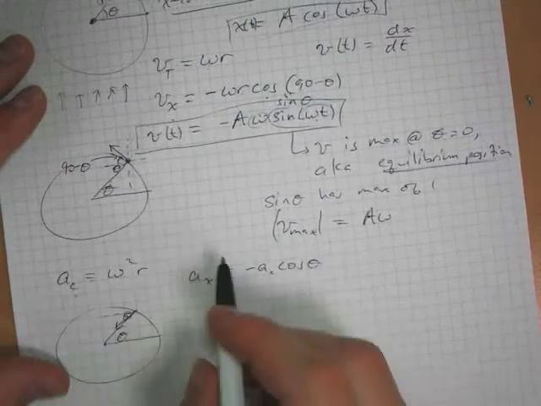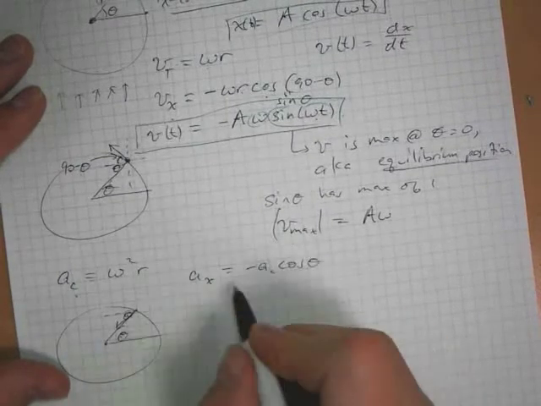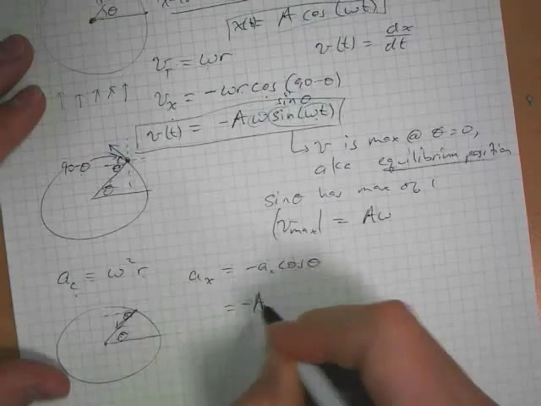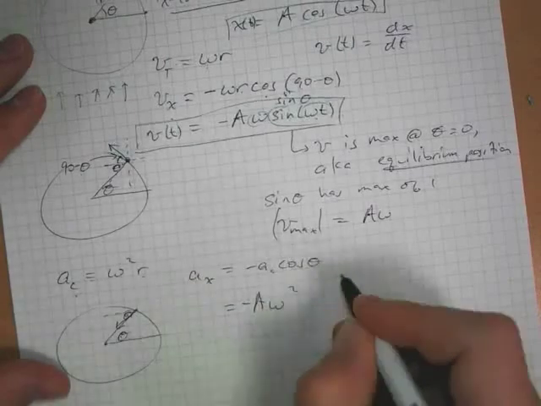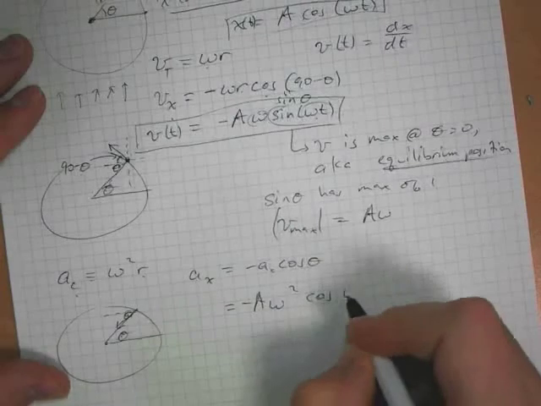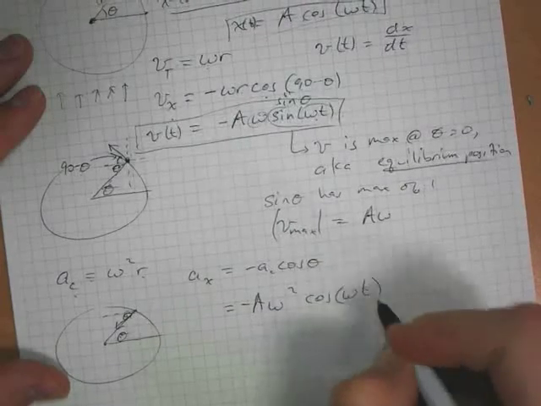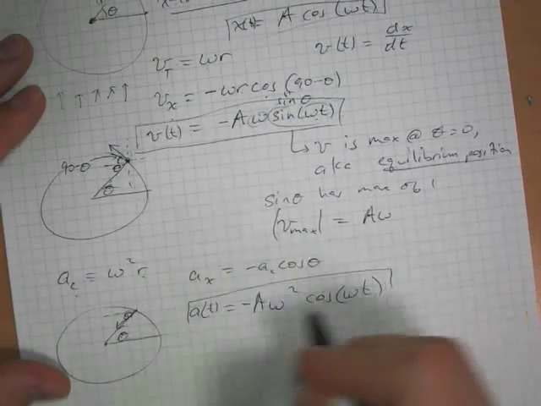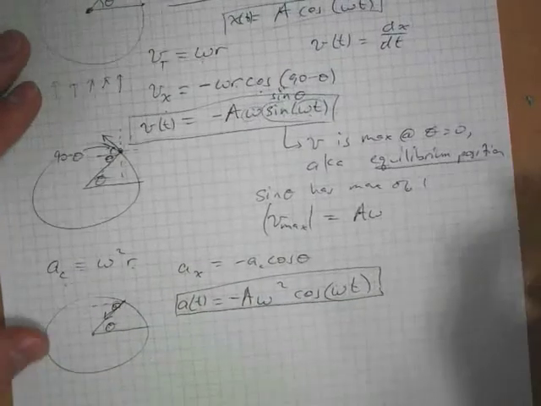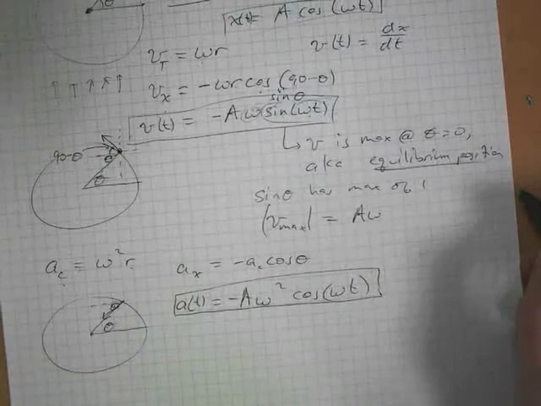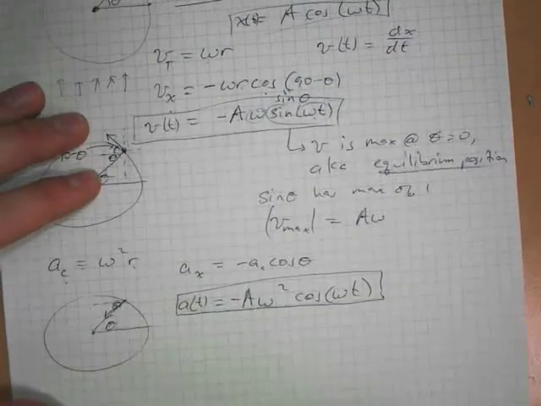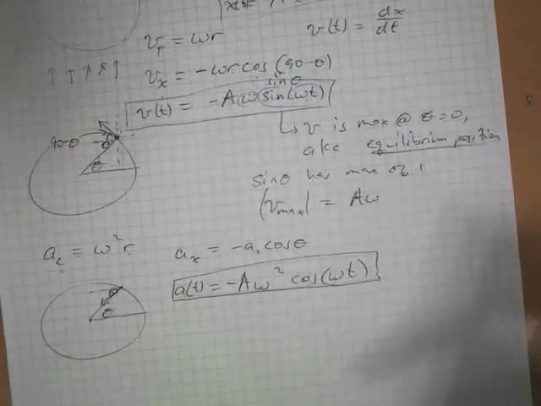Plugging in, omega squared r, where r we call A, gives minus A omega squared cosine omega t, since theta is omega t. So this is our acceleration as a function of time for our simple harmonic motion. It is the x component of the acceleration for circular motion, and it's also the acceleration for simple harmonic motion.